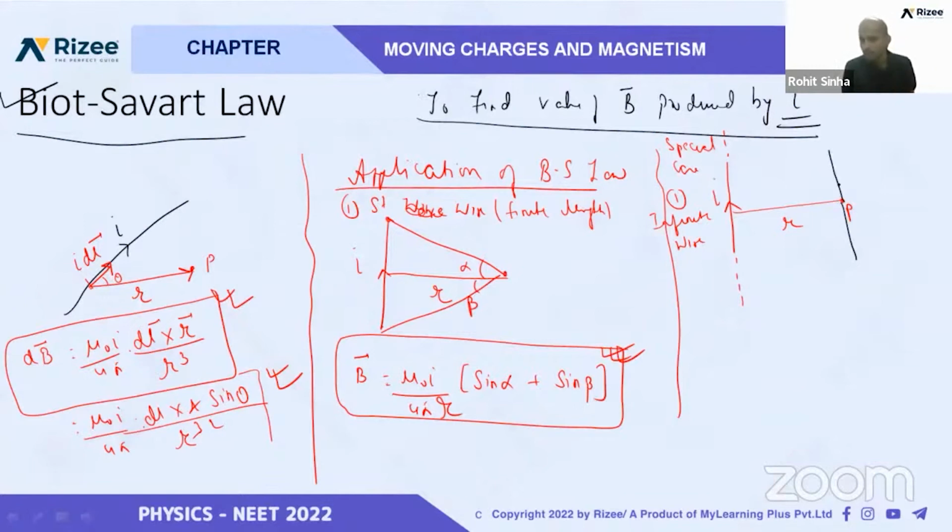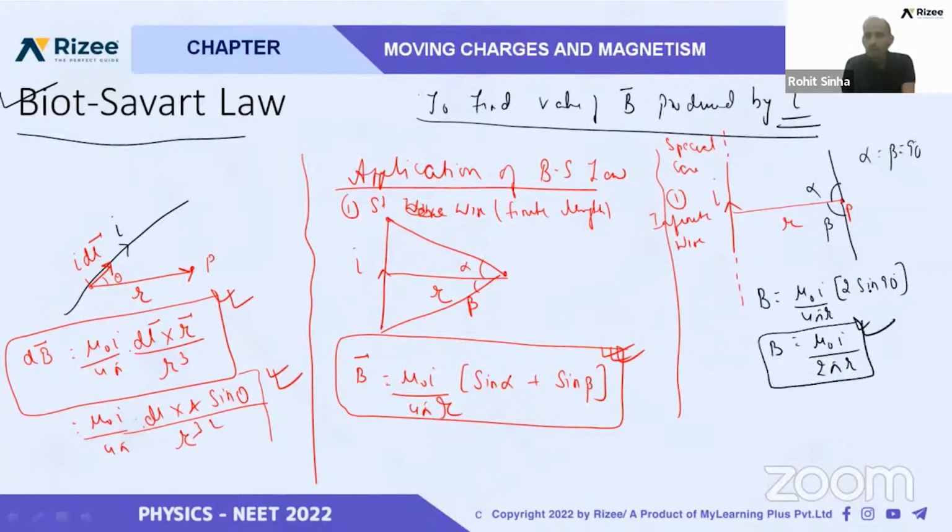Then alpha and beta will become 90 degrees. So the magnetic field formula will become mu naught I by 4 pi r into sine 90 plus sine 90. You will get 2 sine 90. Solving it, we get mu naught I by 2 pi r. This will be the value of magnetic field for an infinite wire.